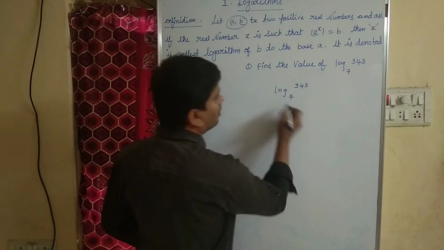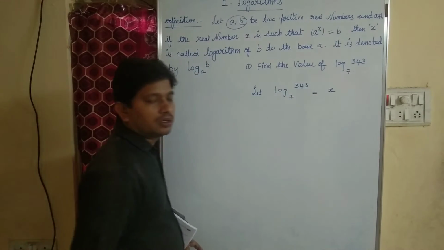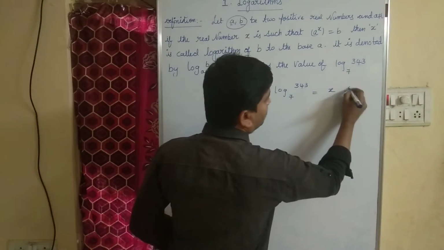Let us consider, let log 343 to the base 7 equal to, for example, x.